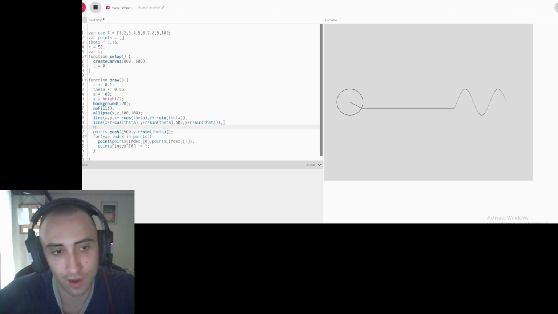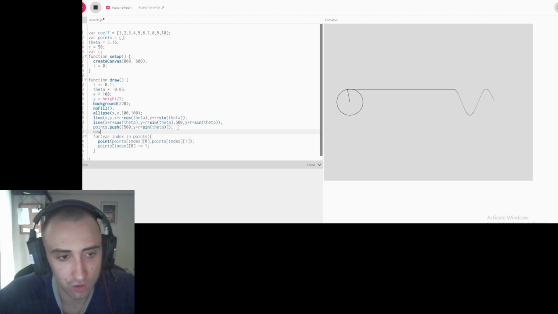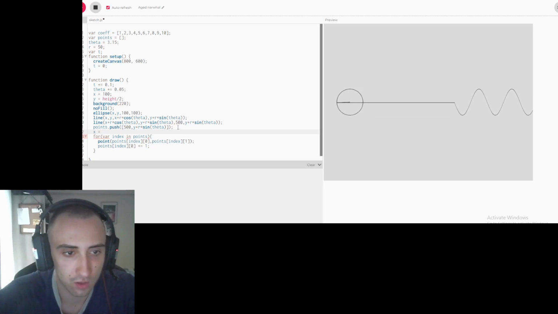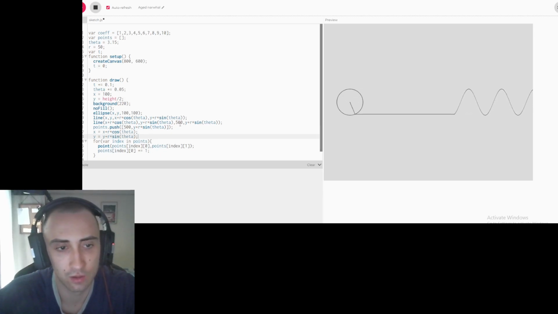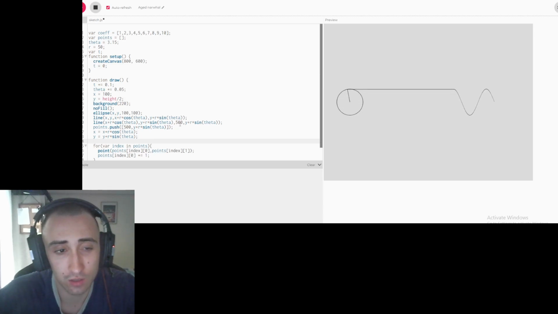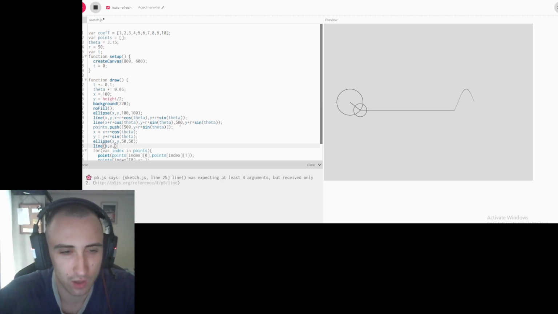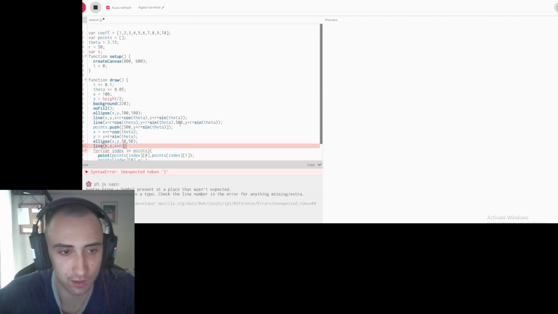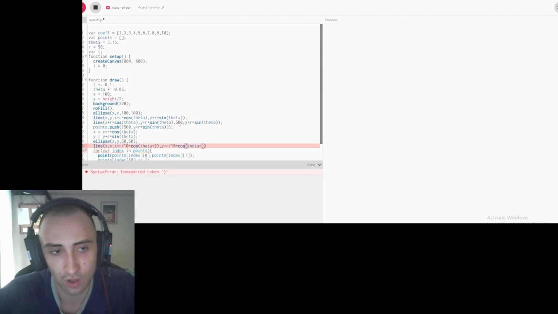So now new x is, am I using x again? Okay, new x is, actually no, x is x plus r cos theta, y equals y plus r sine theta, and then we draw an ellipse at x comma y comma 50 50, and then we draw a line at x comma y comma x plus r divided by 10 times cos theta times 2, y plus r divided by 10 times cos theta times, how much 2, yeah.